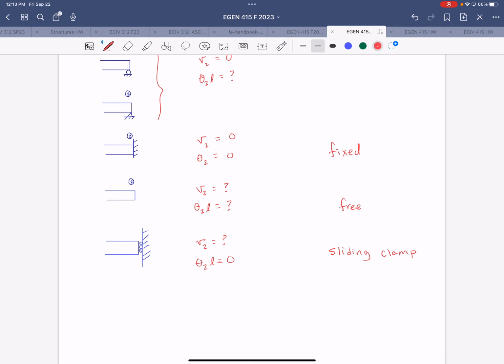I haven't actually ever designed anything like that myself, but essentially it could be something like you've got something attached rigidly to a supporting surface that would prevent rotation. So it would be kind of continuous to that surface, but then it would be allowed to translate in this direction along a rail or something.